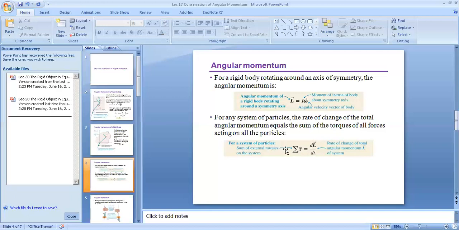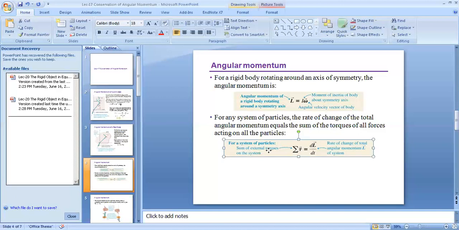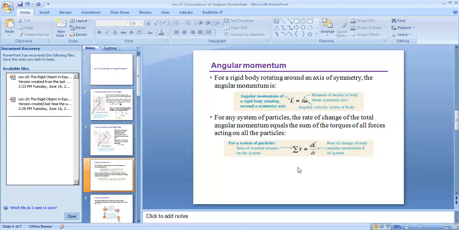Summation tau is the net external torque on the system, and dL over dt is the time derivative of angular momentum, the rate of change of total angular momentum of the rigid object.